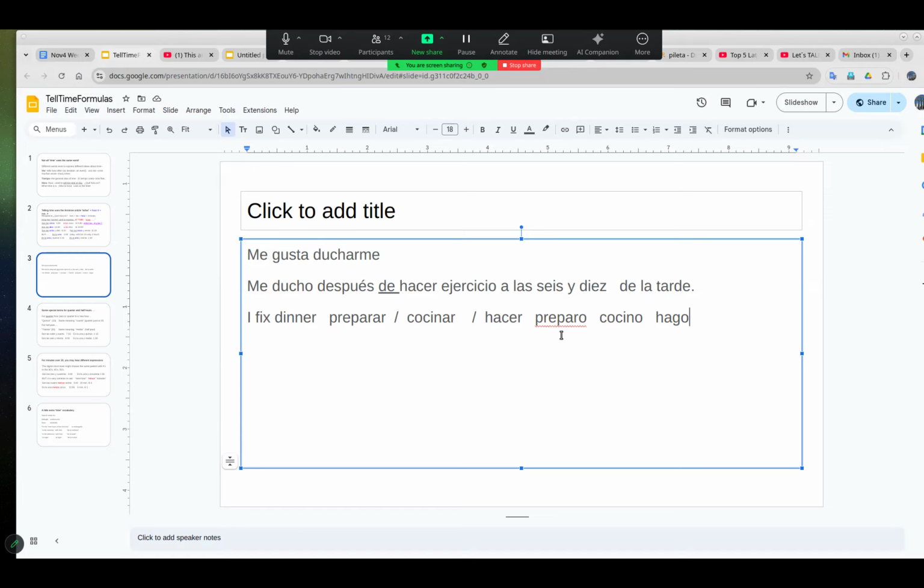To say yo duermo is not incorrect by any means, but most people won't use the word yo with that. So even though a translator spits back that combination of yo duermo, most people are going to omit the yo.